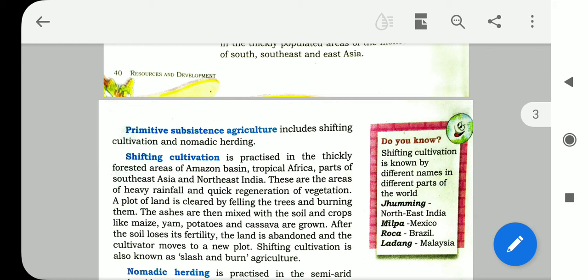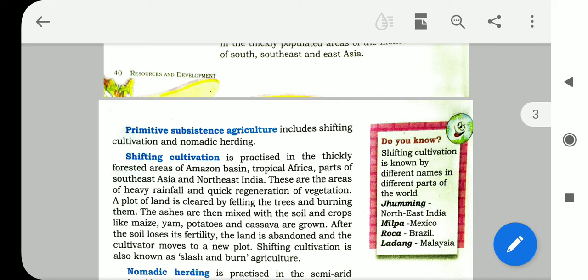Vegetation regenerates and grasses grow immediately due to the heavy rainfall in that area. They also grow some crops there, like potatoes, cassava, yam, maize, like that.